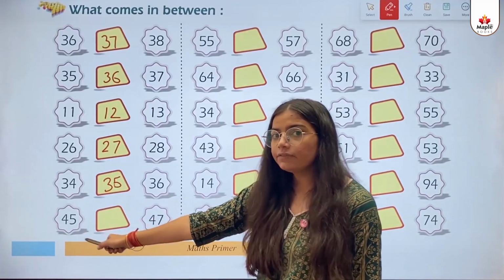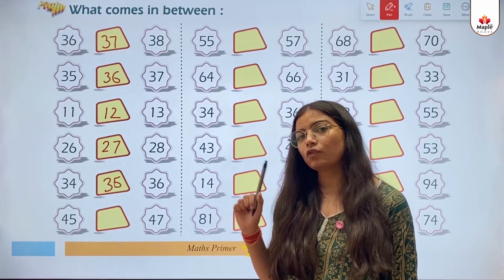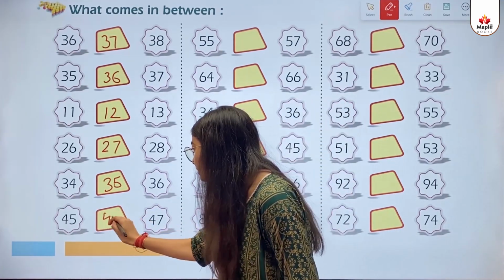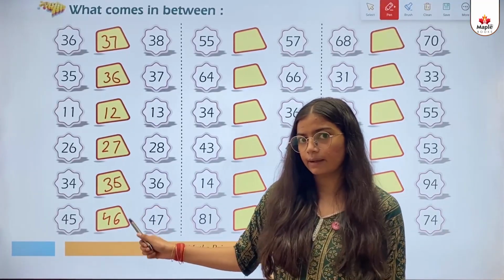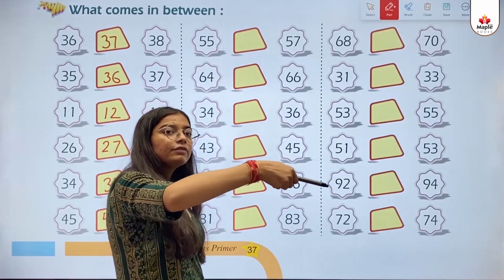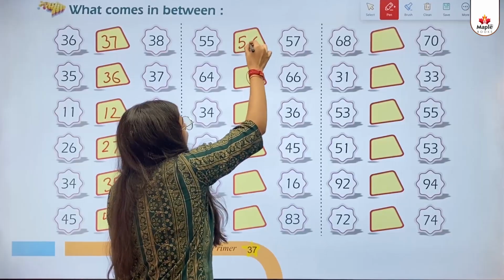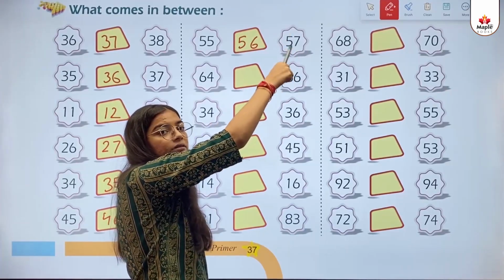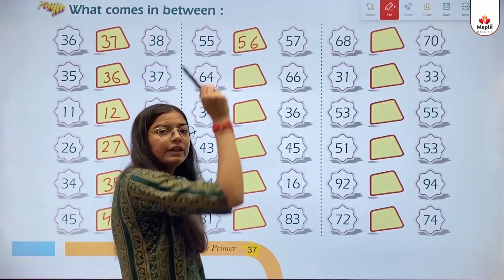Then 45 is given. What comes after 45? That is 46. 46, 47. That means 46 comes in between 45 and 47. Then 55. What comes after 55? 56. 56, 57. So 56 comes between 55 and 57.